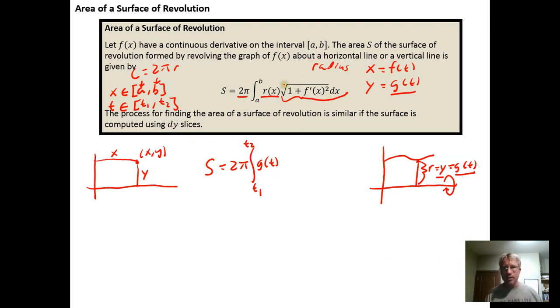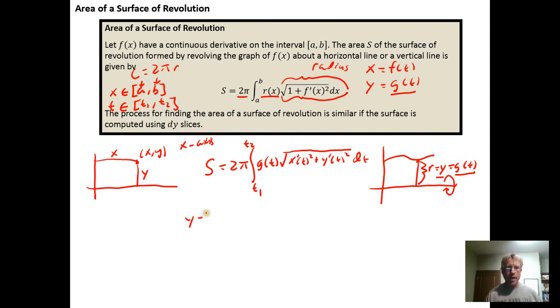But in the previous video, we saw that arc length can be replaced with a function of t: the square root of x prime of t quantity squared plus y prime of t quantity squared, dt. So this would be an x-axis revolution.